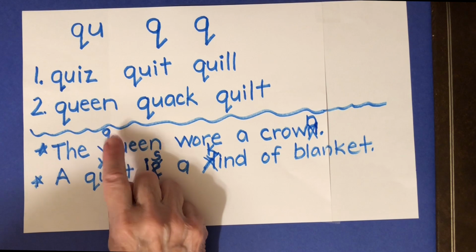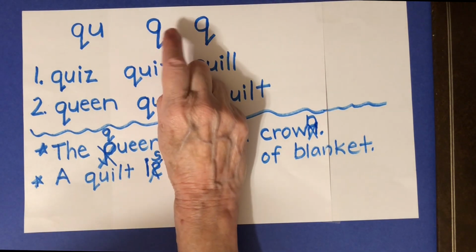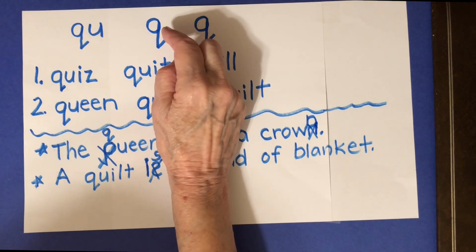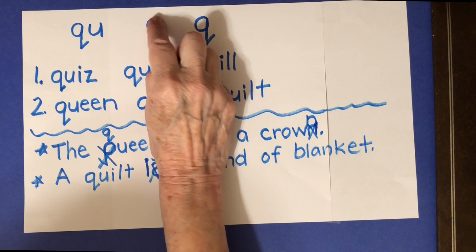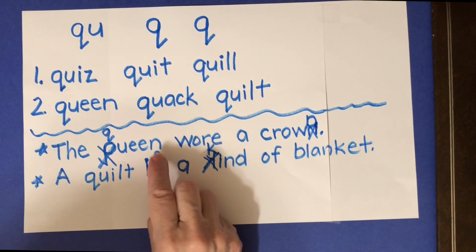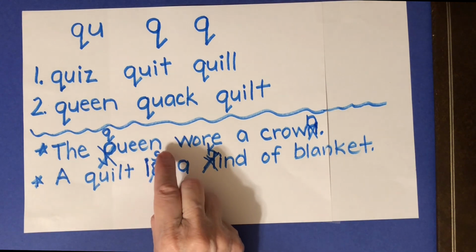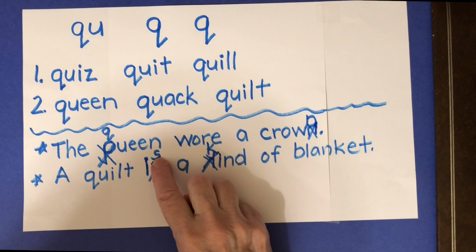Up here we had a backwards Q. Let's make the Q the right way. Do it in the air with me. Ready? Here we go. Magic circle, up, down, kick it out. Good. Now make the S, this S the right way. Do it in the air. Around. Good. Kind of looks like a snake, huh?